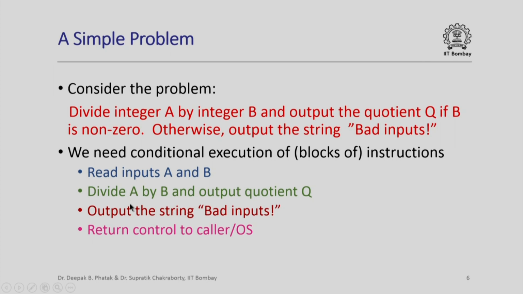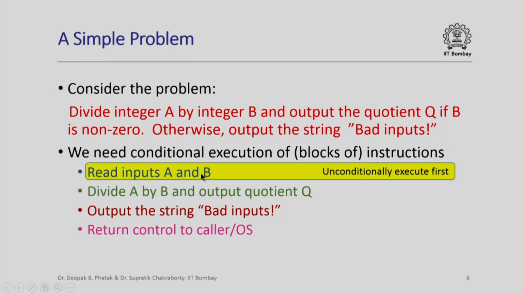Note that although I have written the instructions one after the other, I do not intend to say that they will be executed in this manner. All I am trying to depict here is that these are the different blocks of instructions that I might need in order to solve this problem as specified here.